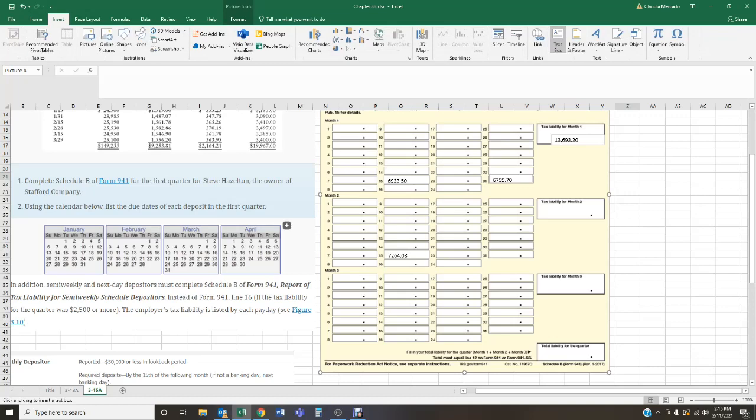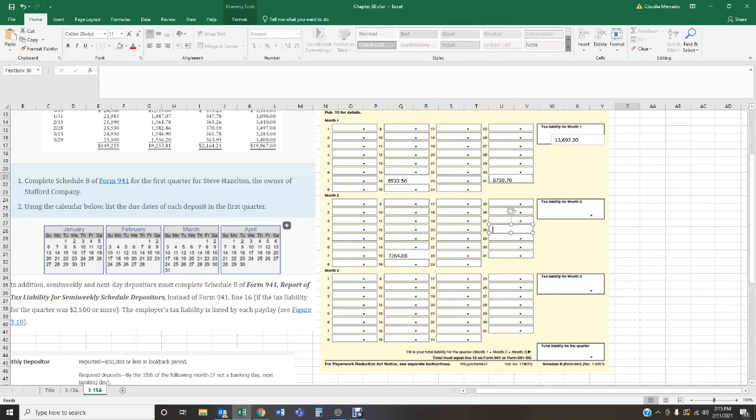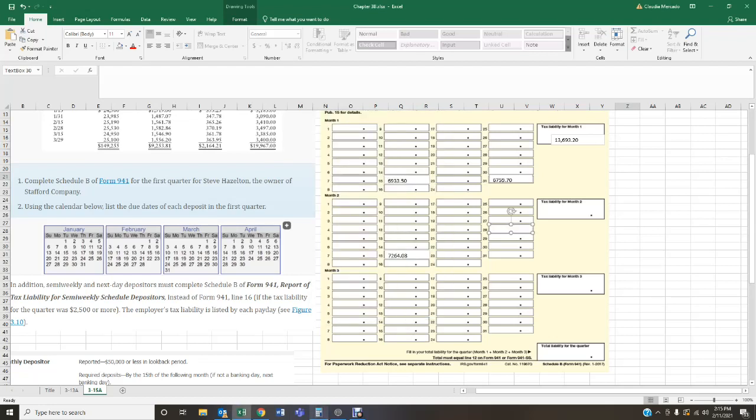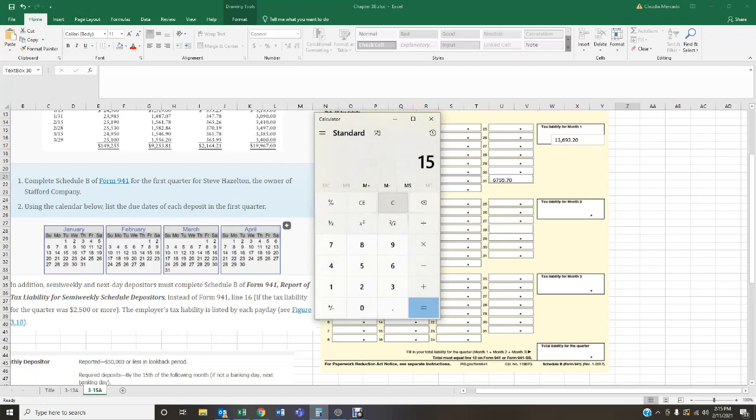Oh, sorry about that. Where did my calculator go? Okay, it'll be 1582.86 for the employee, 1582.86 for the employer, 370.19 for the employee, 370.19 for the employer, and 34.97 for federal income tax.